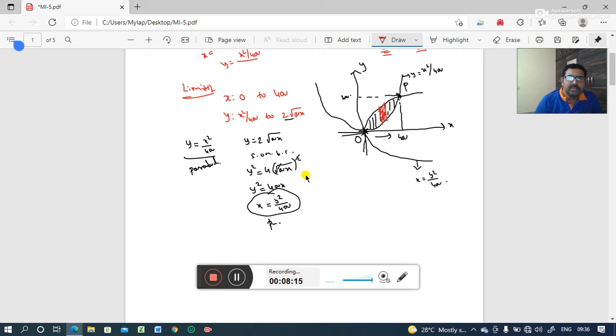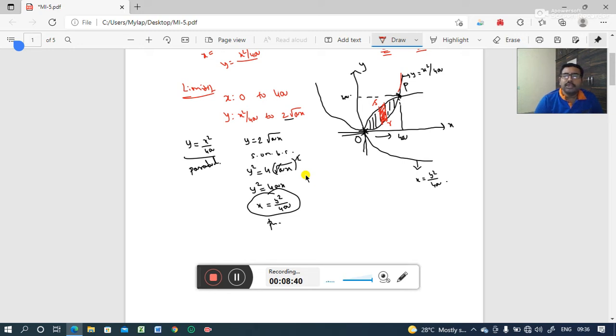Let us name this as R. Yes, at point R, point R is on this parabola. So here what is your y? y equals x square by 4a. At point R they have taken the lower limit of y, at point S they have taken the upper limit of y.